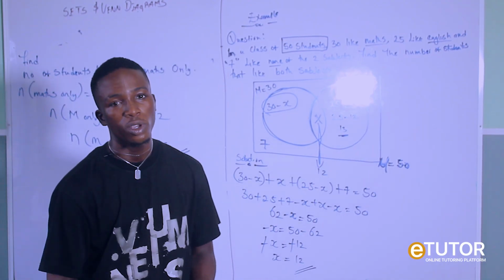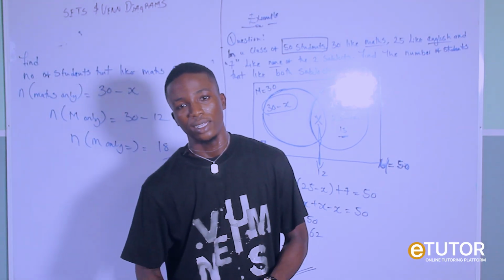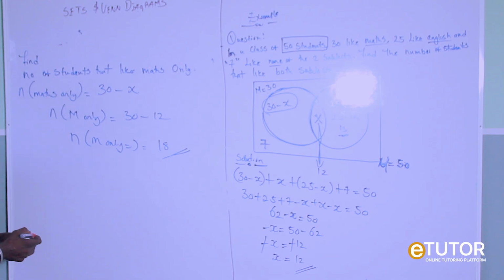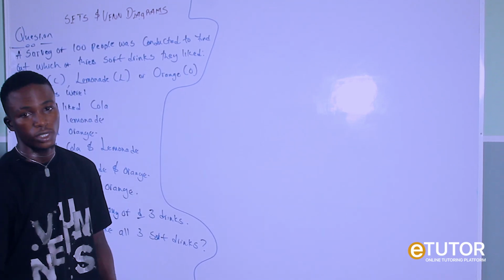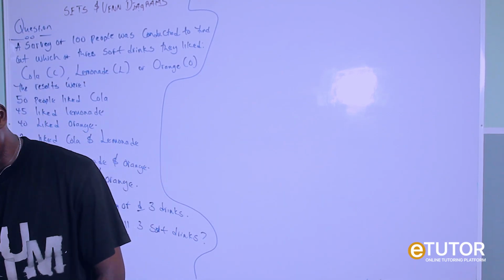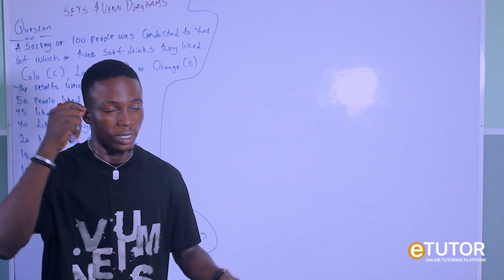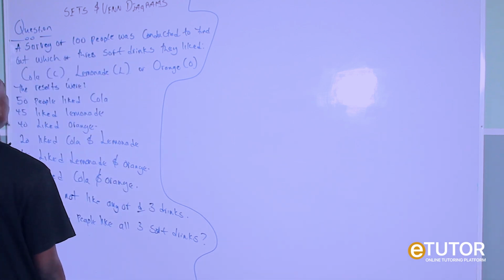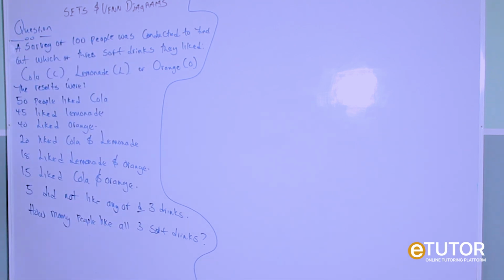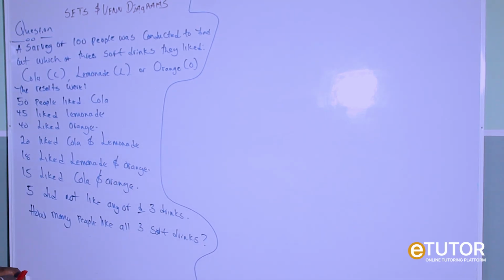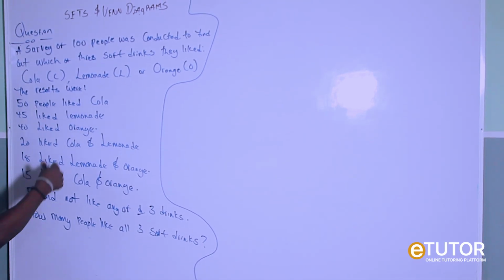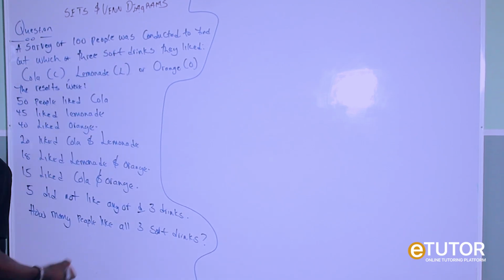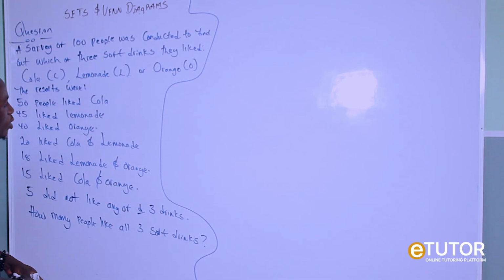So that is how you work with Venn diagrams. Let us take another question under Venn diagrams. Alright, we have a question here involving 3 sets. The question reads: a survey of 100 people was conducted to find out which of 3 soft drinks they liked: cola, lemonade, or orange.